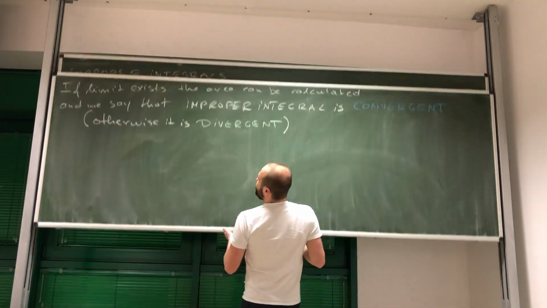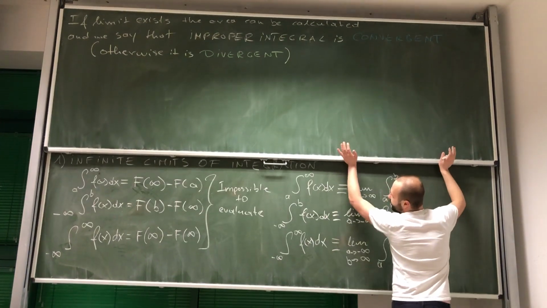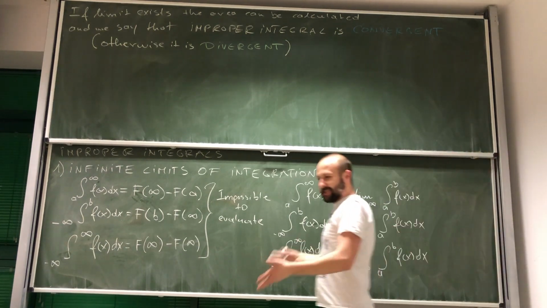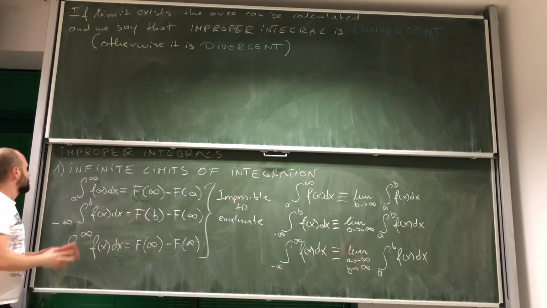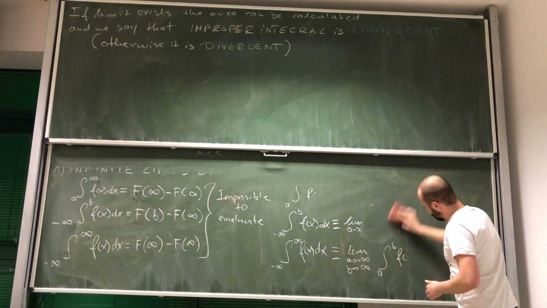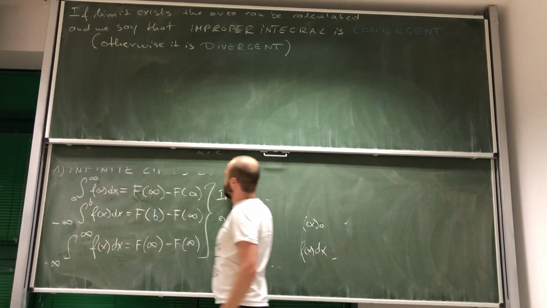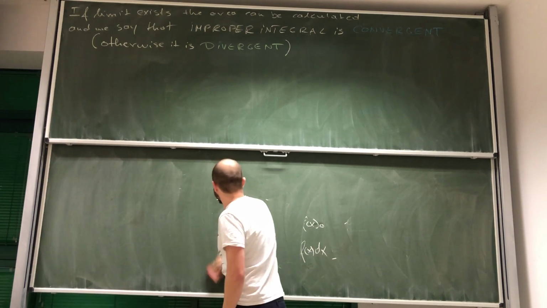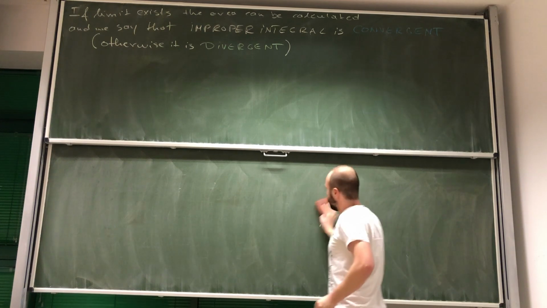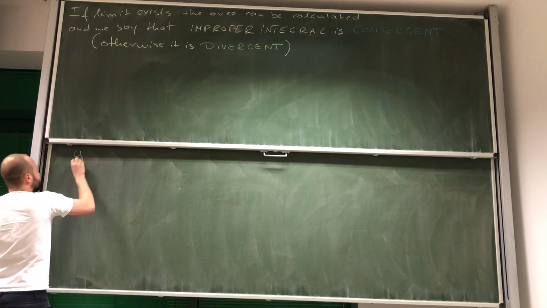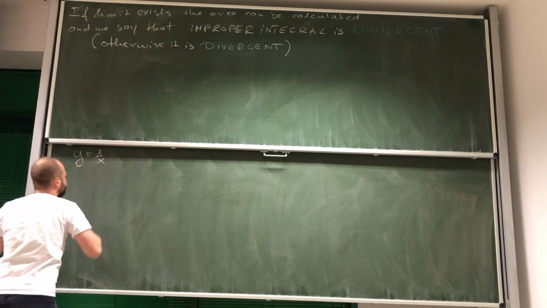Okay, so now the new trick, how to calculate those integrals. Let's start with an example. Okay, so look, let's just say that we have reciprocal function 1 over x.